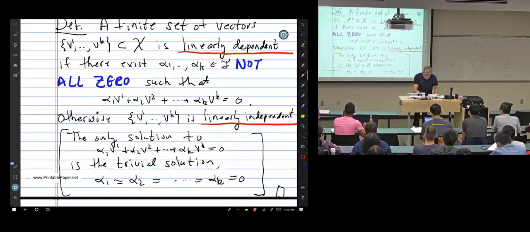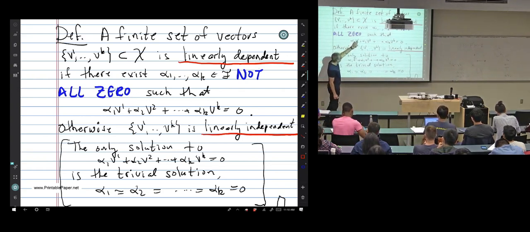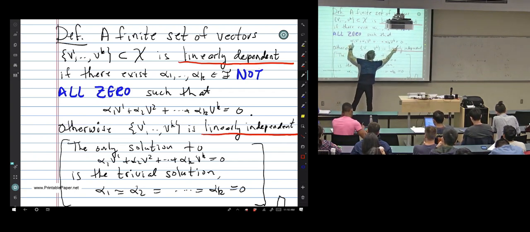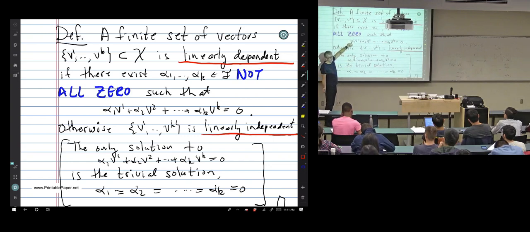And so for a general set of vectors, whether they are functions, matrices, things in Rn, anything else that I can't even possibly imagine right now, we have the same concept for linear independence and dependence. Independent, the only solution to the equation is 0. Dependent, there is at least one solution with one of the alphas non-zero. Could be 2, could be 3. All you need is just one non-trivial solution.